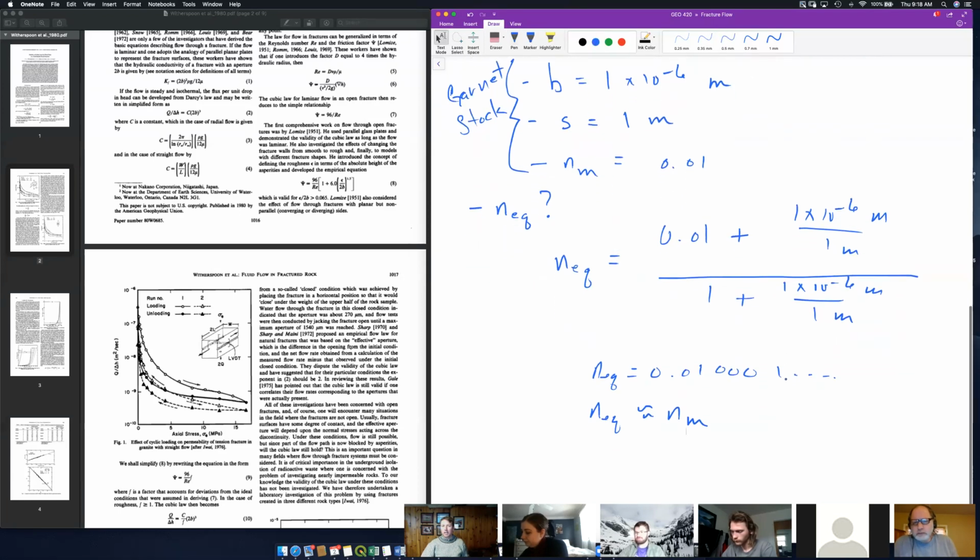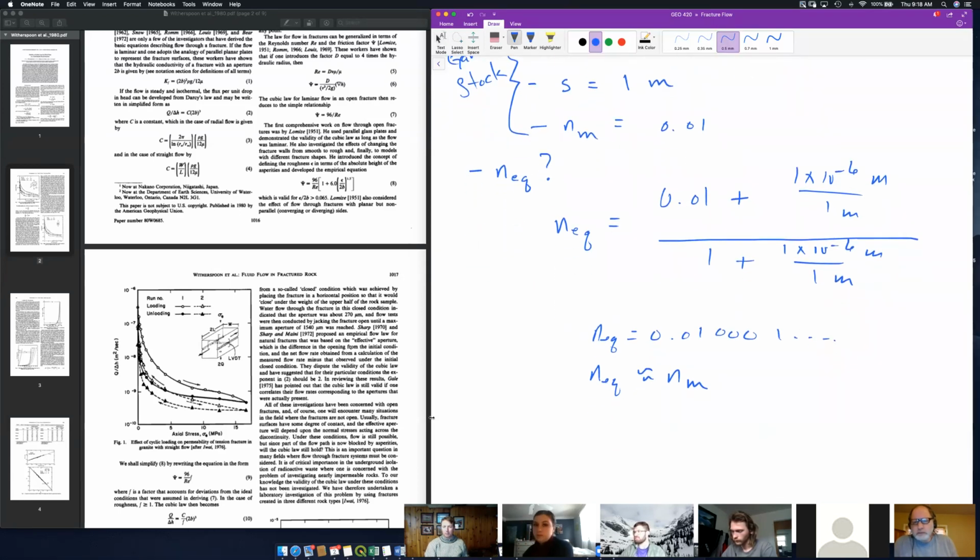So let's try it again. For the Garnet Range formation, this is a Precambrian belt, it's a mudstone. All right, so Garnet Range.